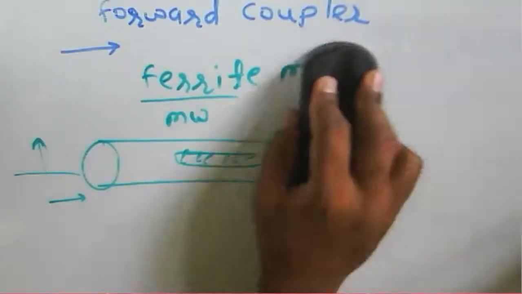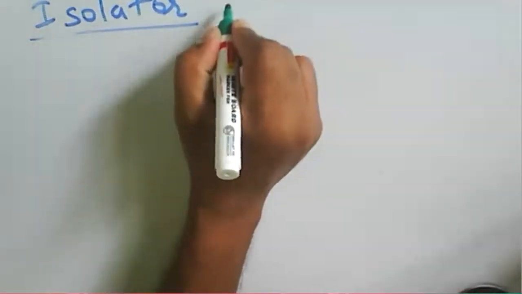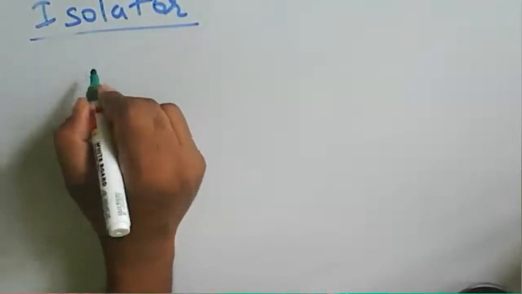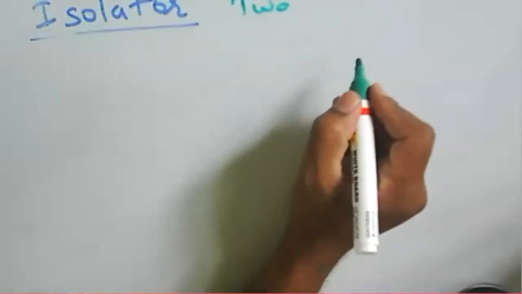In an isolator, the same principle is used so that your wave propagates through this isolator only in one direction. For a given two-port network, it is just like a two-port network with two ports.